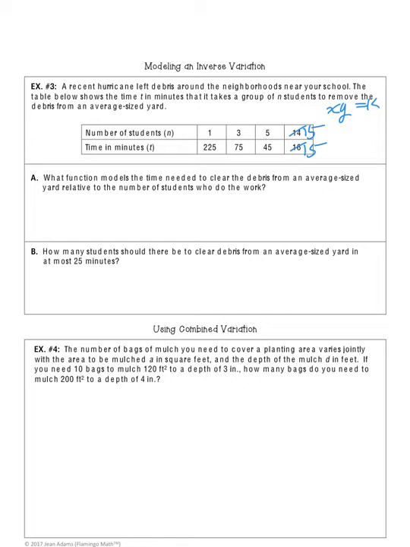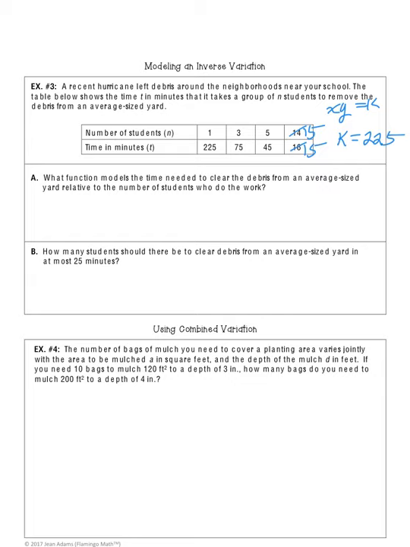And so therefore, our constant of variation is going to equal 225. That's important because the first question says, what function models the time needed to clear the debris from an average size yard relative to the number of students who do the work? So we just found up here what our k was.